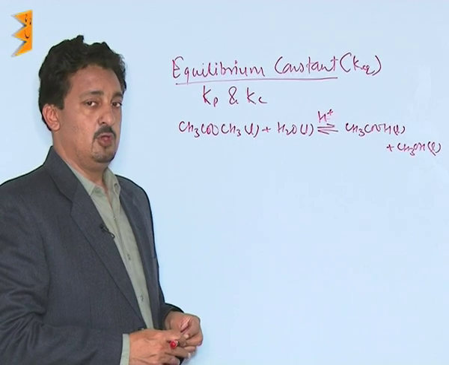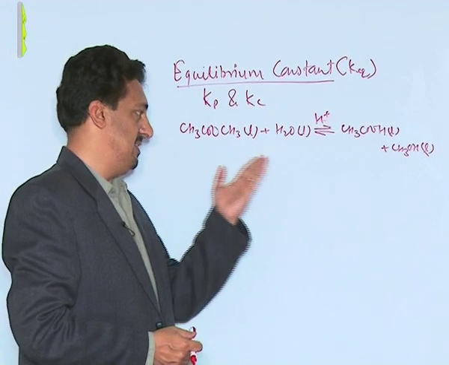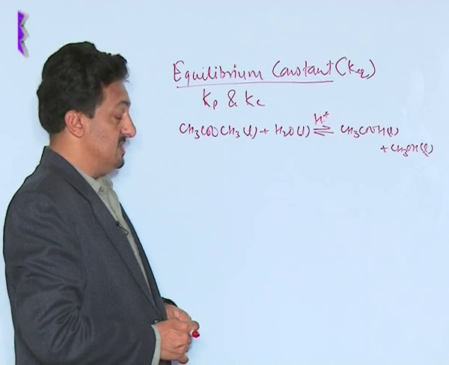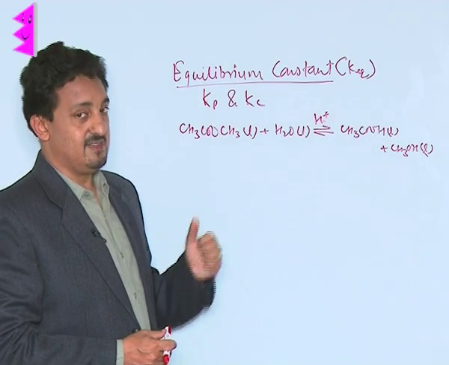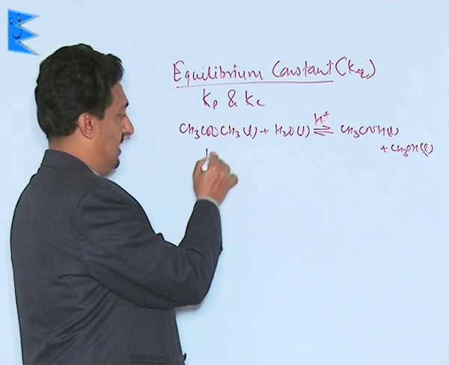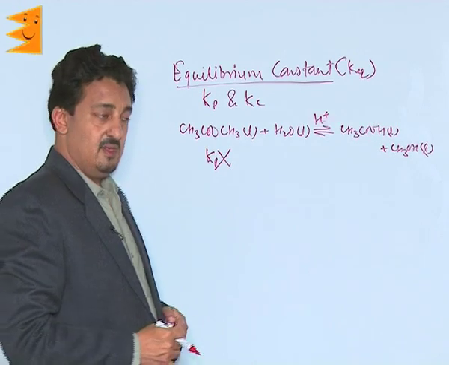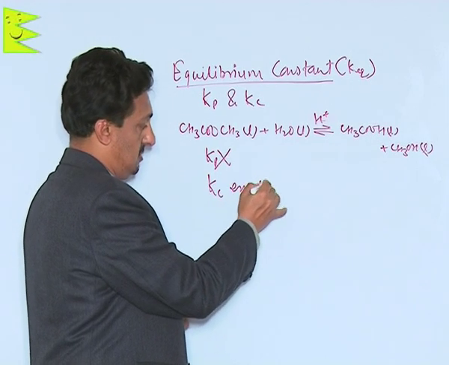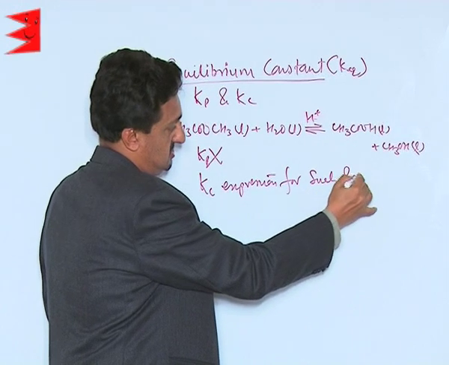It's a kind of homogeneous equilibrium. The equilibrium involved is called homogeneous because all these substances are in the same state. Now, since all these are liquids, all these will have certain concentrations. They are not gaseous in nature. Their Kp cannot be expressed. We can only have a Kc expression for such reactions.